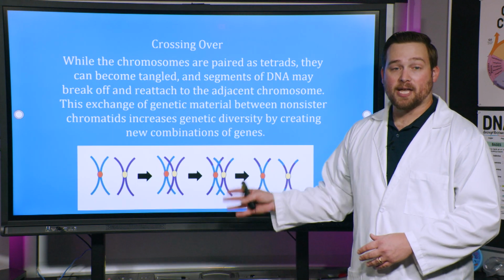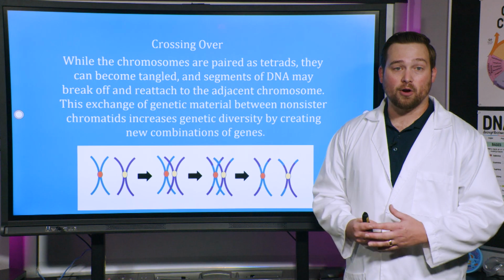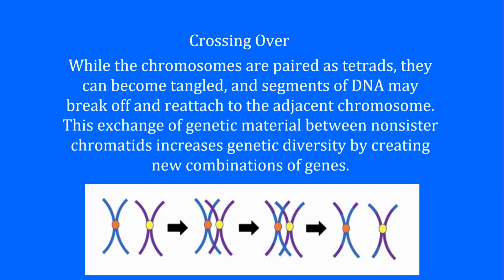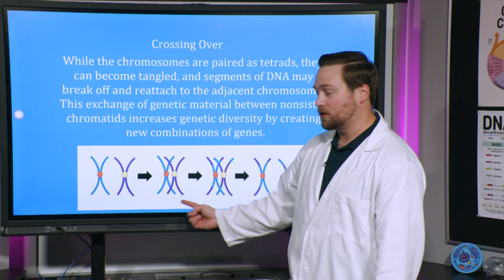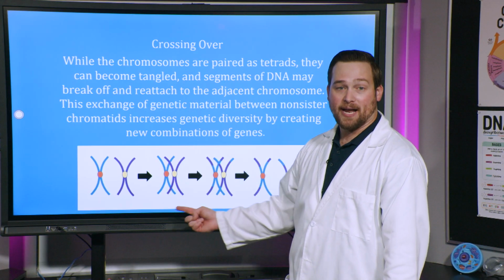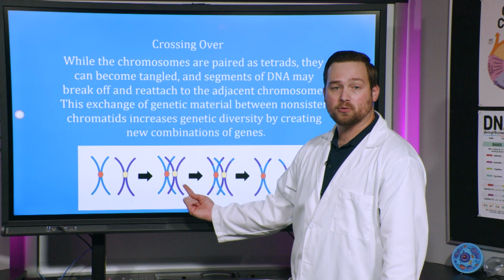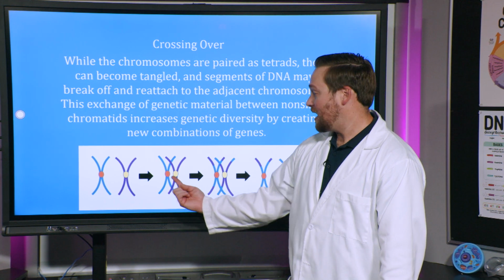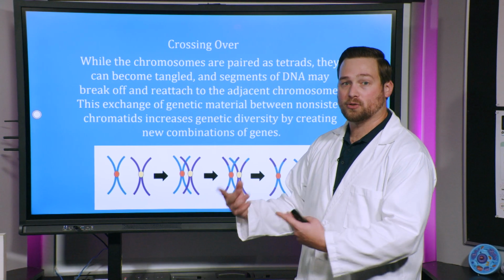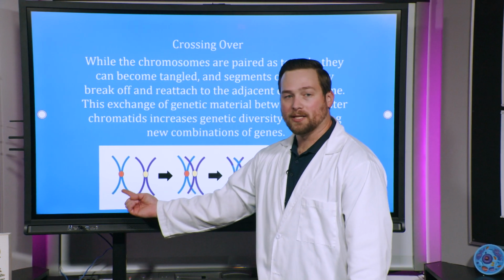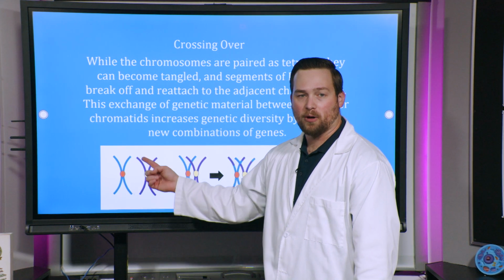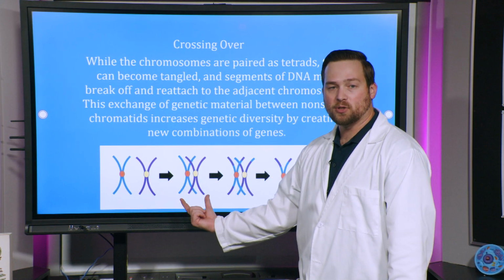Okay, and then let's just take another look at that crossing over. What is crossing over? Well, it's when the chromosomes are paired as a tetrad. So this right here, if you can get a look at this picture, this is a tetrad. We have 2 chromosomes right next to each other. Each chromosome has 2 sister chromatids, so like one side of this chromosome is a sister chromatid. They come together.